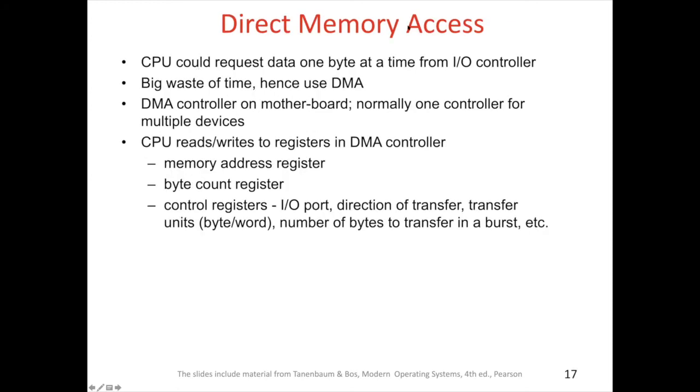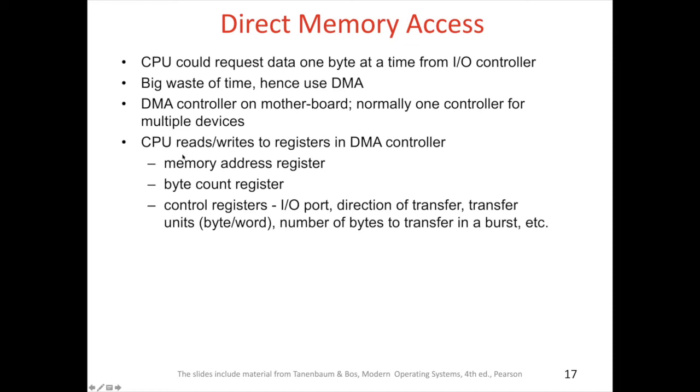Direct memory access. The CPU could request data 1 byte at a time from the I/O controller. This is a big waste of time, hence use direct memory access, DMA. There is a DMA controller on the motherboard, normally one controller for multiple devices.